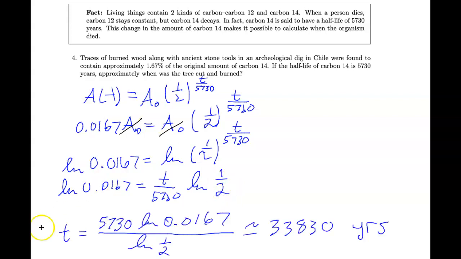So I went ahead and solved for t. We were left off here, and so you would multiply both sides by 5,730, and then you would divide both sides by natural log of 1/2. Plugging this into our calculator, we'll end up with 33,830 years.